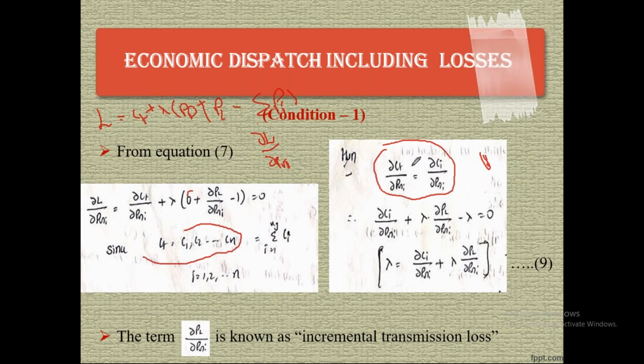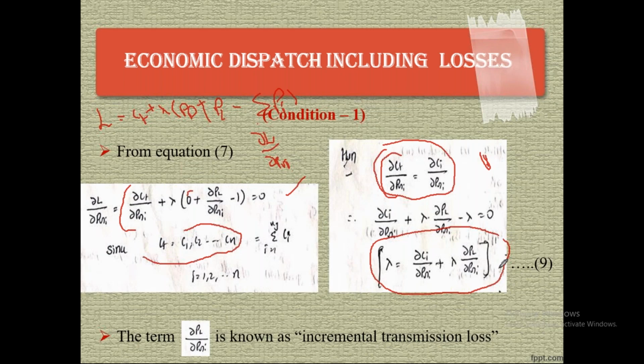Now I am substituting dCi in this equation, so it should be equal to 0, right? So from this, instead of dCT by dPGi, I am placing dou Ci by dou PGi plus lambda into 0, plus lambda into dou PL by dou PGi minus lambda equals 0. From this we found the lambda value. This is called the incremental fuel cost, right?